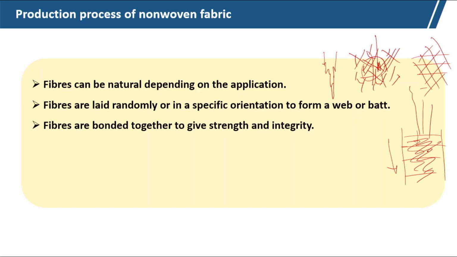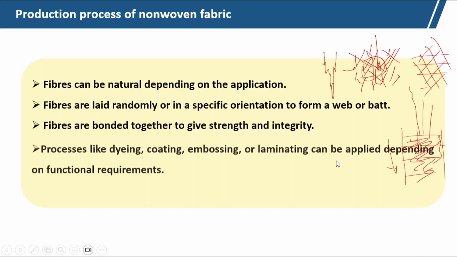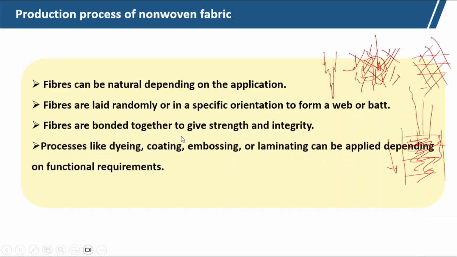And this web can be needle punched, mechanically bonded, or maybe thermally bonded by heat calendar, or maybe chemically bonded also. For staple fiber web we sometimes use the chemical bonding. Processes like dyeing, coating, embossing, lamination can be applied depending on the functional requirement.